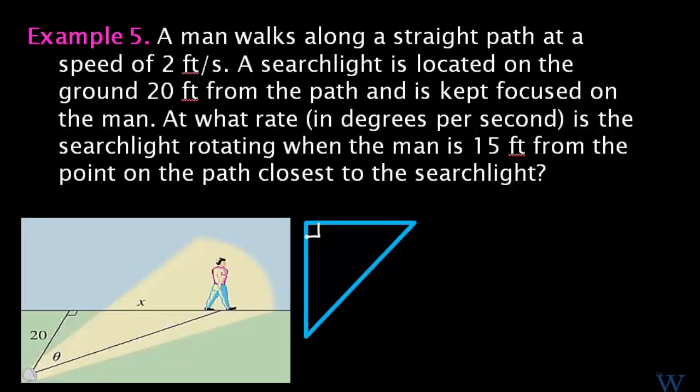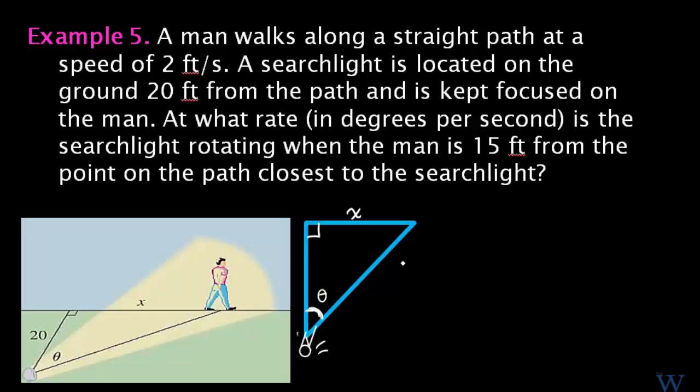Here is our right triangle. So let this be x. That's this distance right here. And then this is where the searchlight is. So that's your searchlight.